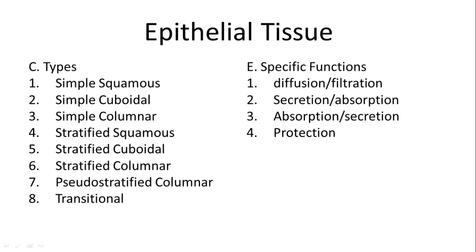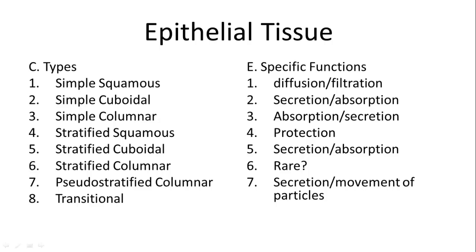Stratified squamous for protection. You have lots of layers. Stratified cuboidal also for secretion and absorption. Stratified columnar is really rare. And pseudostratified columnar is generally for secretion and movement of particles. So they often have cilia on them as well, which would be how it moves particles. And transitional is for expansion and relaxation.